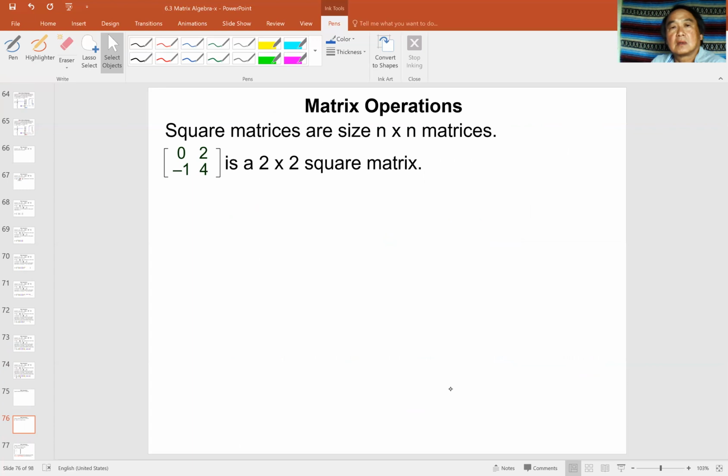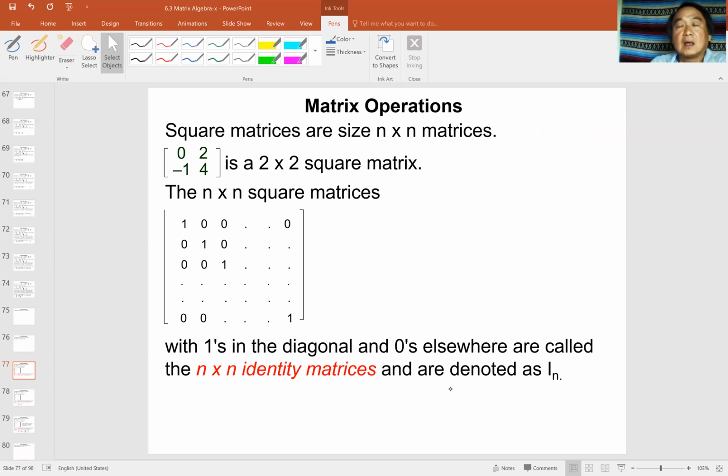Square matrices: any 2x2 square matrix can multiply into any 2x2. So square matrices can multiply amongst each other without any problem. 2x2 multiplies 2x2, 3x3 multiplies 3x3, 4x4 multiplies 4x4. Okay. And in this multiplication, the diagonal matrix with 1 down the diagonal and 0 everywhere else, if I multiply any n by n matrix by this matrix, this actually works like the number 1 in multiplication.